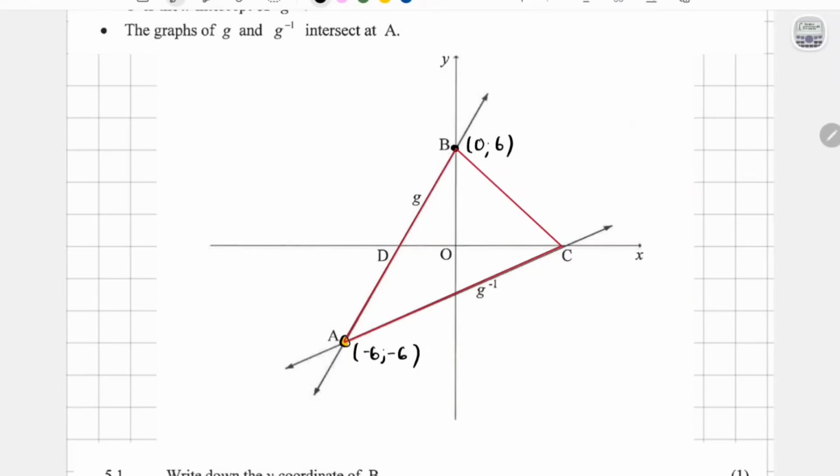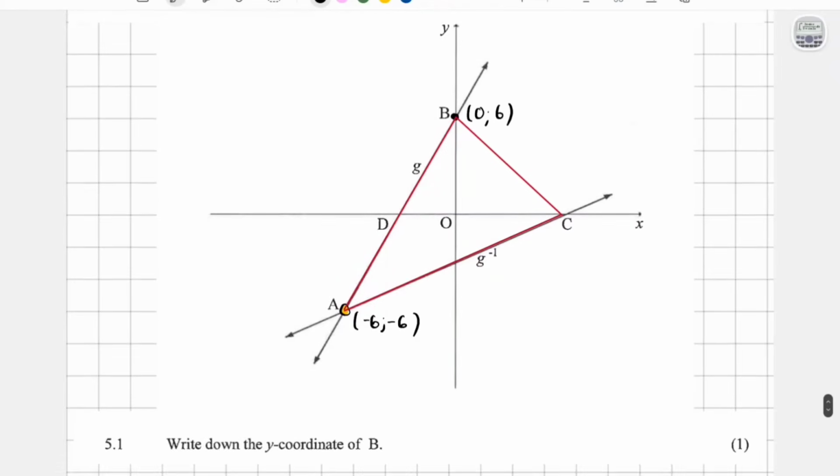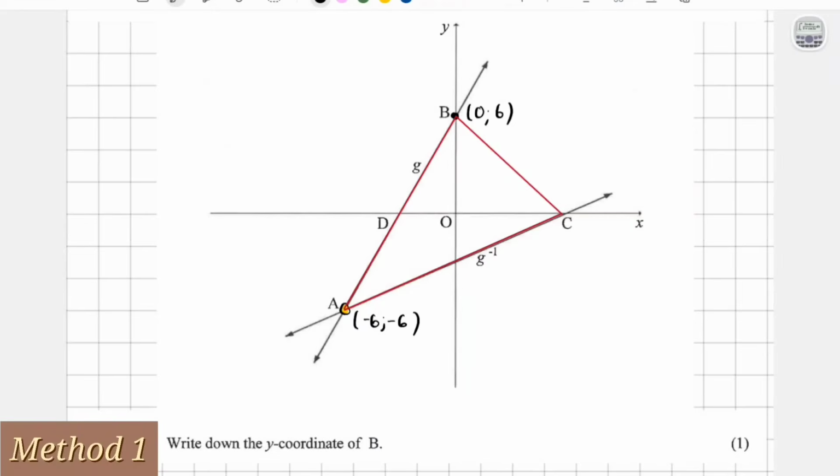And looking at this, there's a number of ways that you can find the area of this triangle. So I'm going to just try 2 methods here, but then there would be, of course, other methods that you can use. First method, we're trying to find the area of this triangle. We can use the area rule. And the reason I'm saying the area rule is because we already have the length of AB.